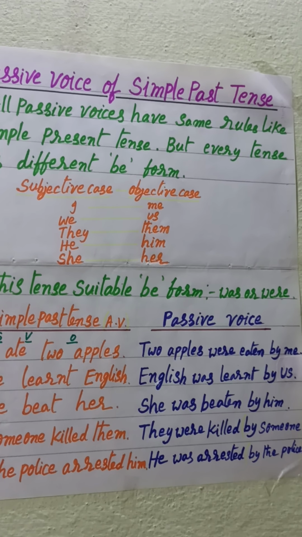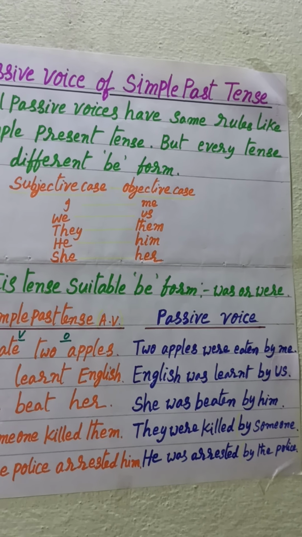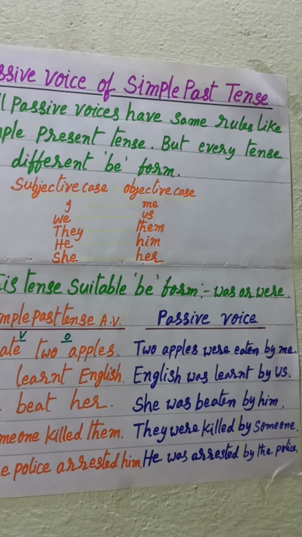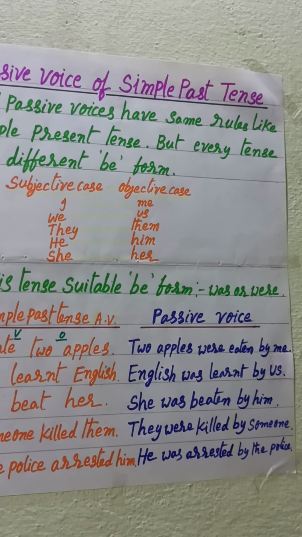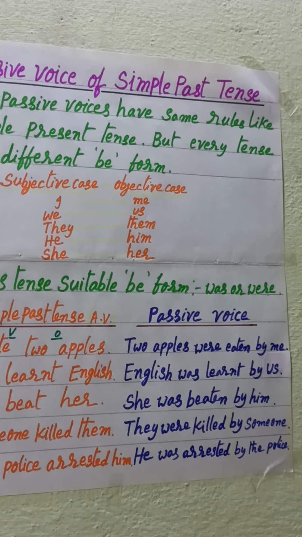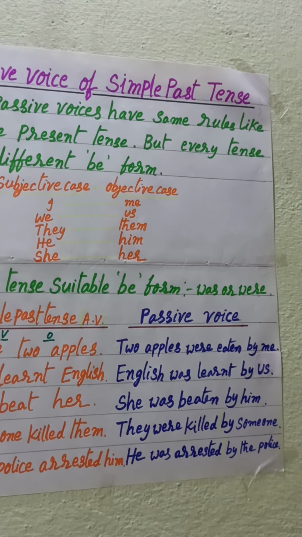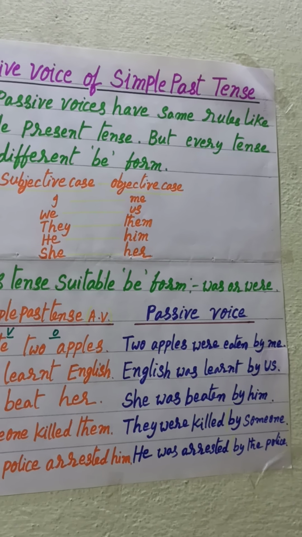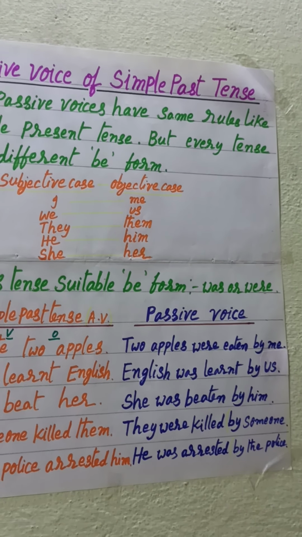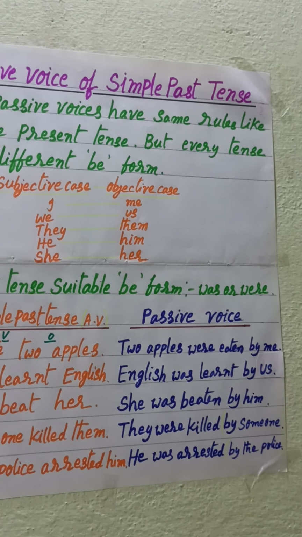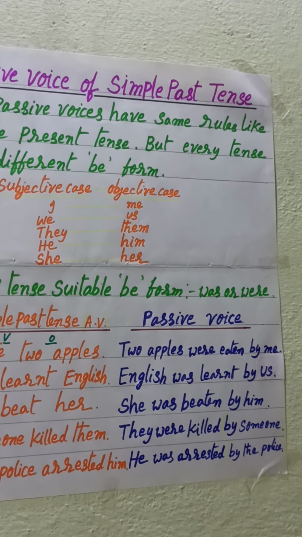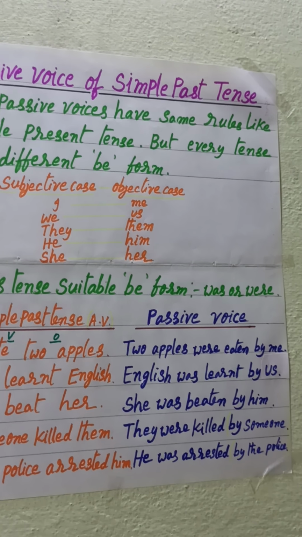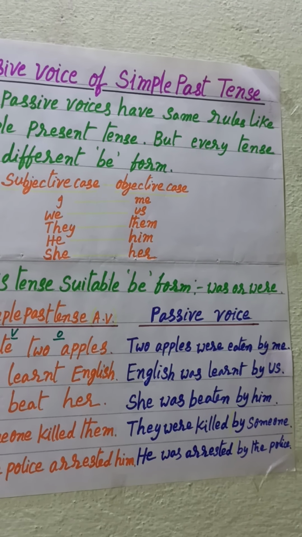In this active voice, them is objective case, so it changes in the passive voice to subjective case, that is they. They is plural, so the V form is plural, that is were. They were killed by someone.